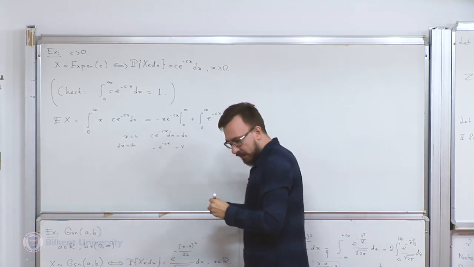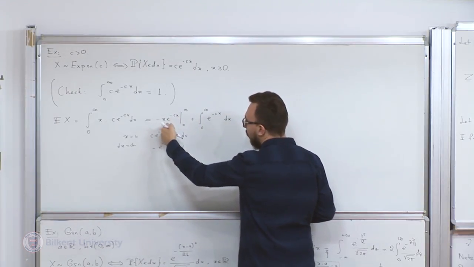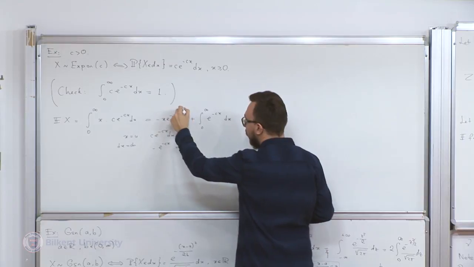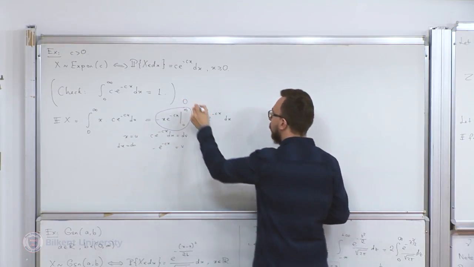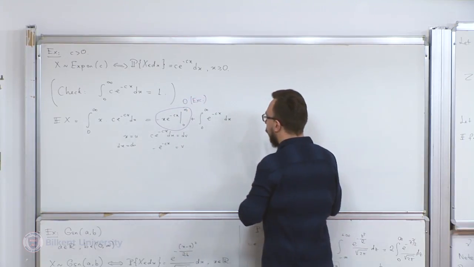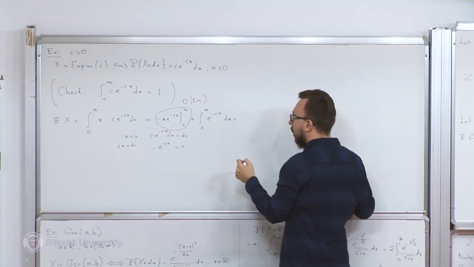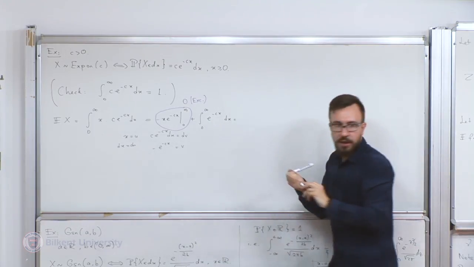I'm leaving the first part as an exercise for you. You need to evaluate the limit as x goes to infinity, etc. So this part is just 0, okay? Just check. And this part will give you what? What is the result of this part? 1 over c.